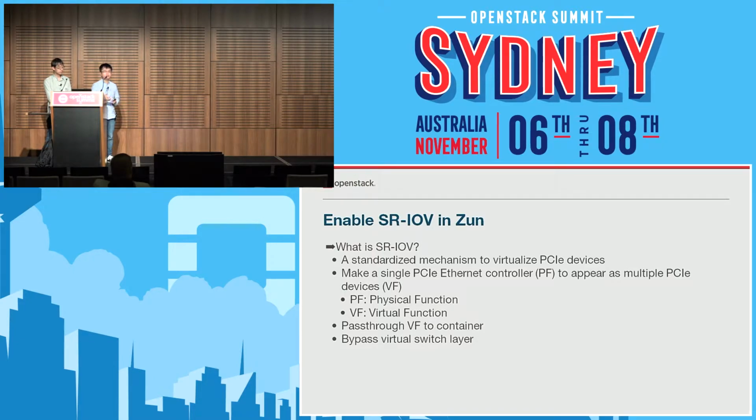We call it a PF, and SR-IOV makes the PF appear as multiple Ethernet controllers. We call these VFs. In Zun, we allow passing through a VF to containers, so that the container will have better networking performance because it bypasses all the virtual switch layers from Neutron.